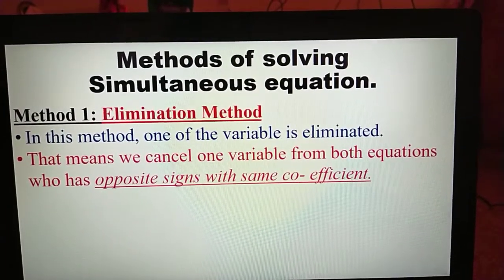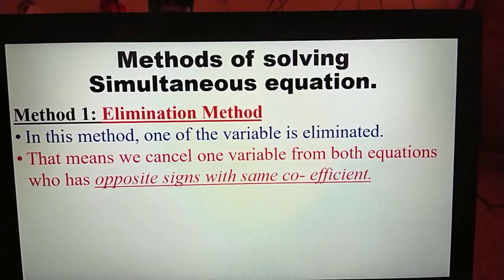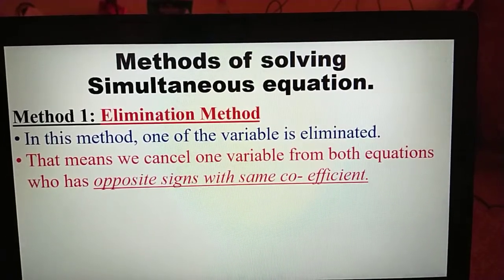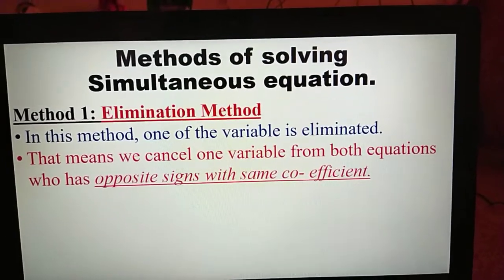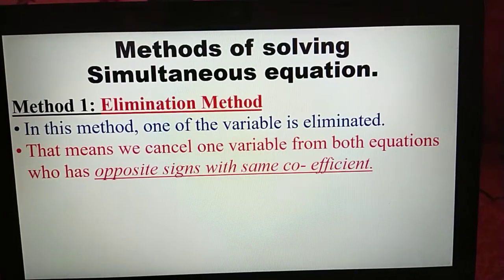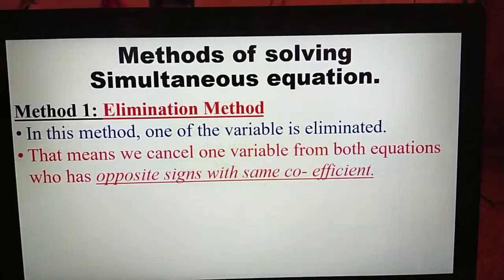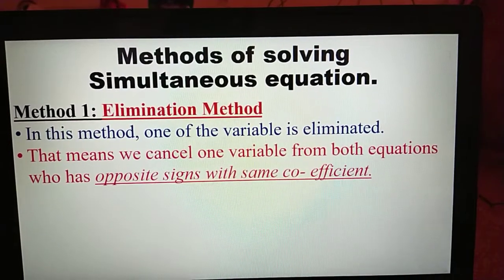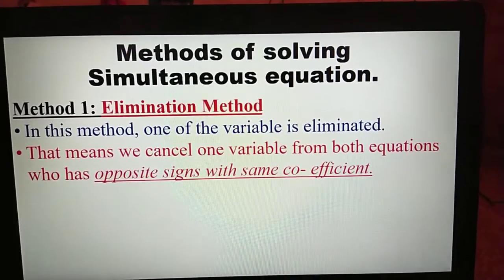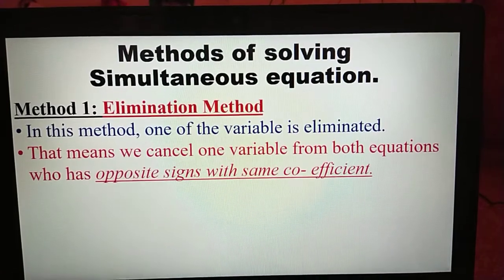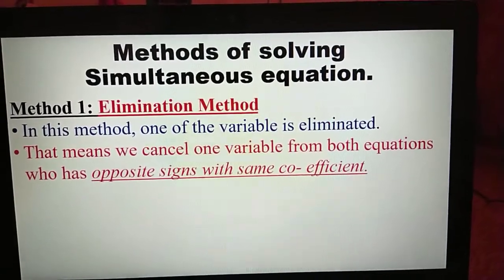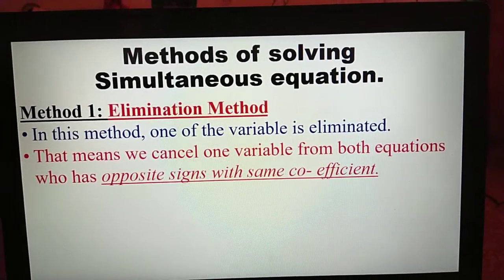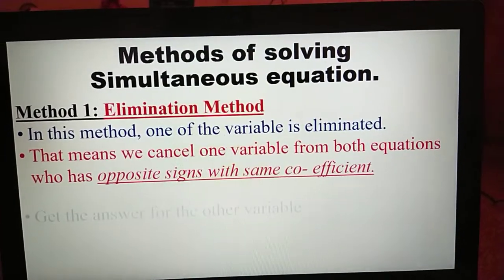Opposite signs means plus is opposite to minus and multiplication is opposite to division, but we use plus and minus most of the time. So if plus is there, you have to see in the other equation there should be minus. And the variable should have the same coefficient. Coefficient means the number in front of the variable.